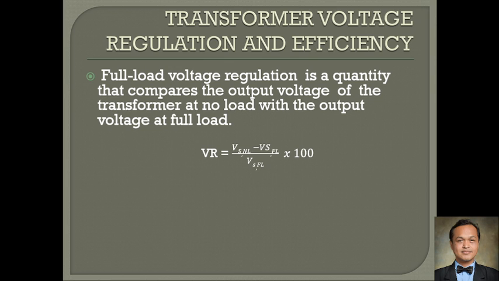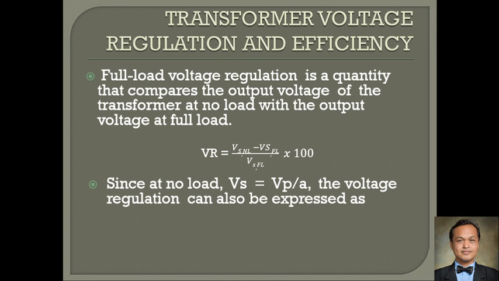Remember, the voltage that will change between no load and full load is only the secondary voltage, because on the primary, the VP, we connect the source voltage. The one that will be connected to the load is the secondary voltage.